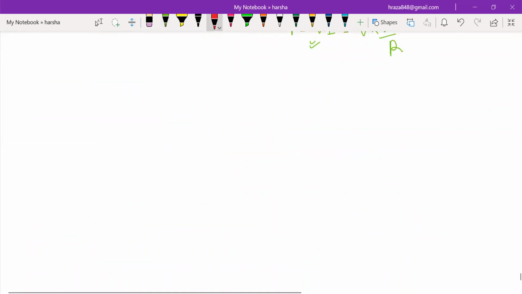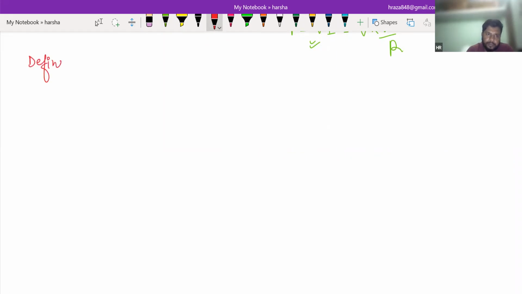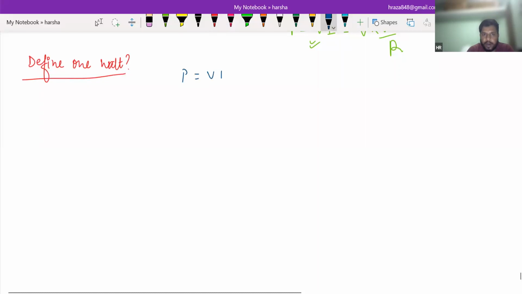Now see, define 1 watt. So basically, we have a formula, P is equal to V into I. So how are we going to define it?